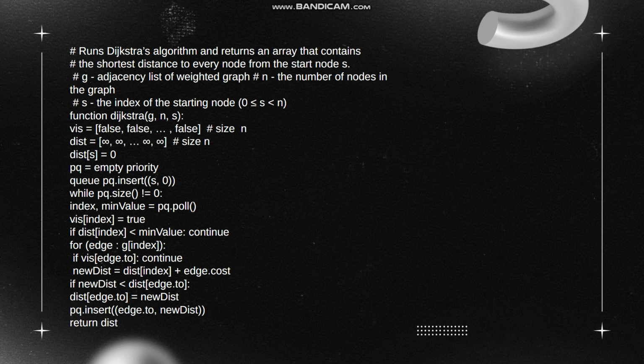Then loop: for every edge which has this index, if it's already visited, we're going to skip it, and create a new distance which equals the old distance plus the cost of the edge.